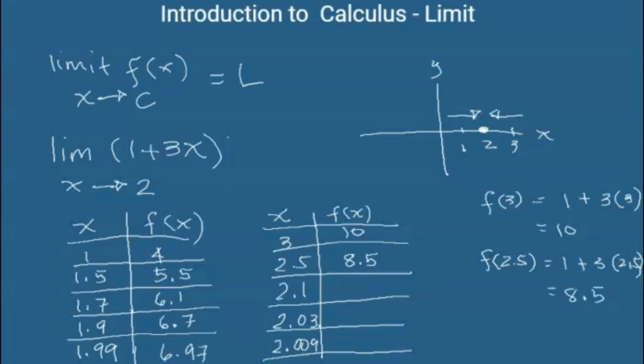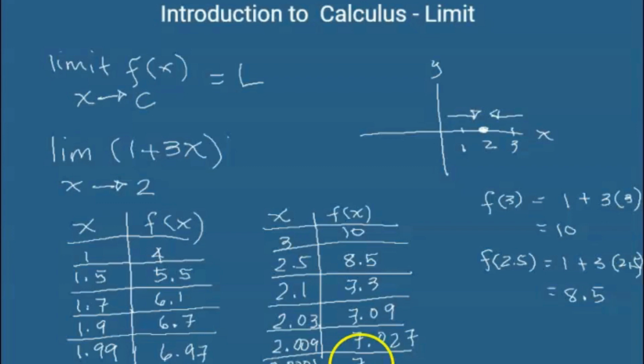And we continue doing that for x is equal to 2.1, 2.03, 2.009. So for 2.1, we'll get 7.3. 2.03 will be 7.09. 2.009 will be 7.027. What about we try 2.0001?